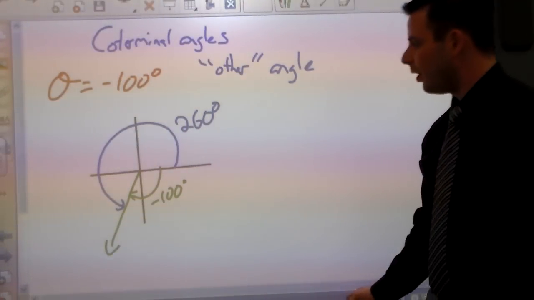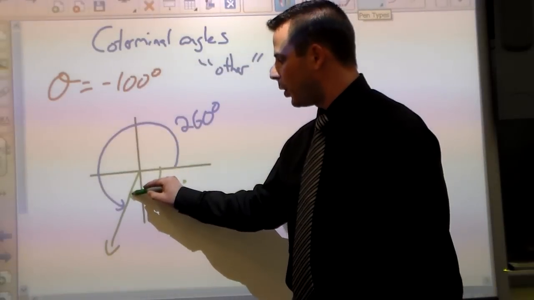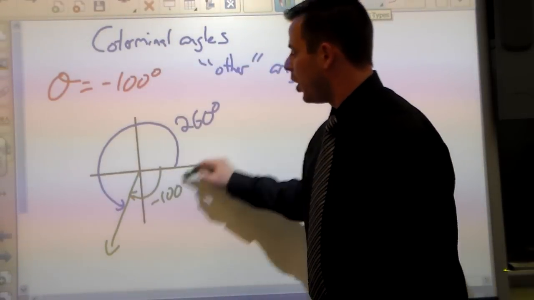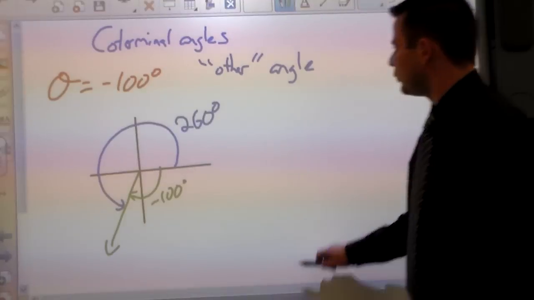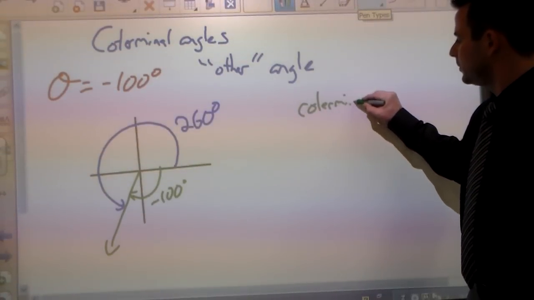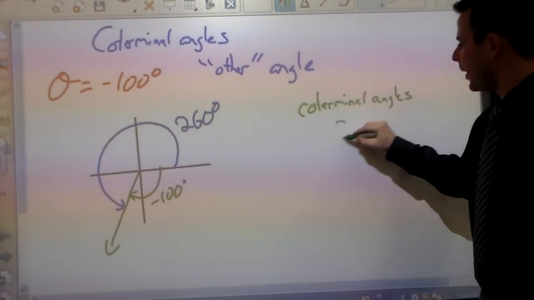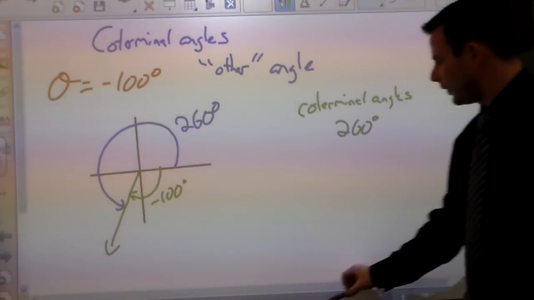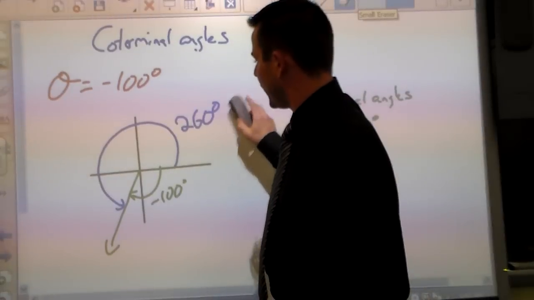Some other examples of coterminal angles. Well, if it's negative 100, I could have went around another 360 degrees. So just to list the coterminal angles, so far we found 260 degrees is a coterminal angle.